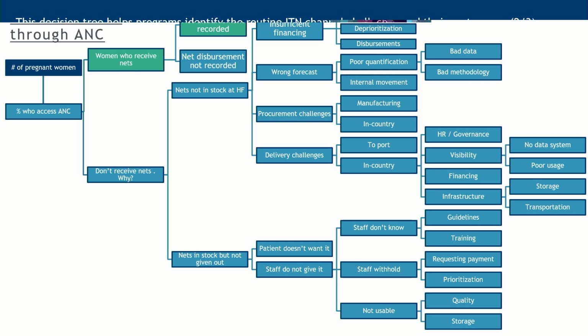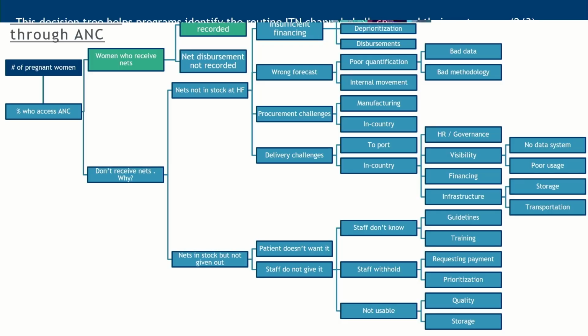And as we go down the tree, we can understand that this may be a challenge of poor budgeting or deprioritization, or it may be an issue of insufficient financing for routine nets. In terms of wrong forecast, insufficient number of nets may have been ordered because of a poor national level quantification that was done. And if we look at that procurement gap, the percentage of nets that were ordered but are not in facility may be due to supply chain challenges.